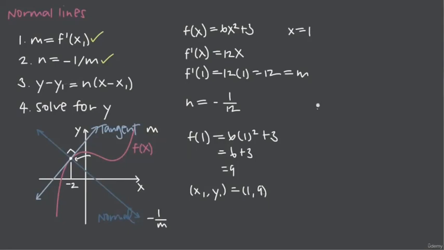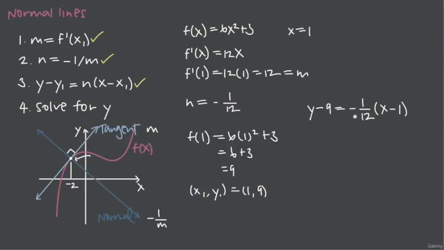Well, y1 is 9. So we get y minus 9 is equal to n, the slope of the normal line that we found, negative 1 over 12, multiplied by x minus x1, which we were given, that's equal to 1. Now we finished step 3. This could be the equation for the normal line.